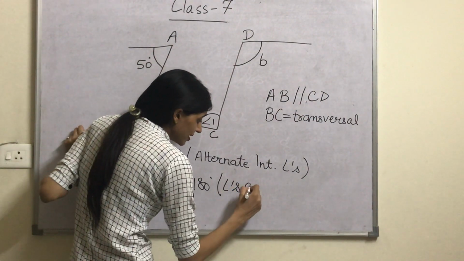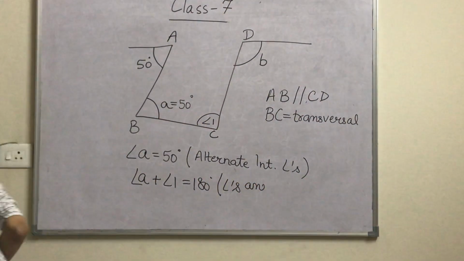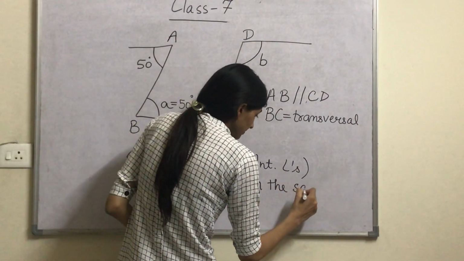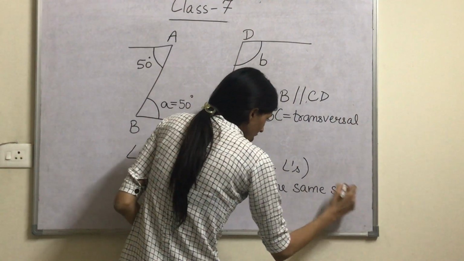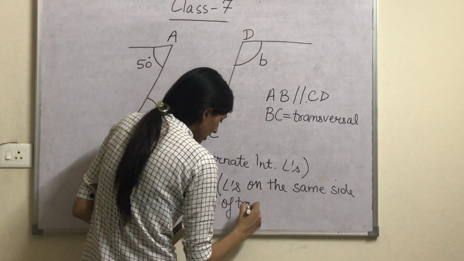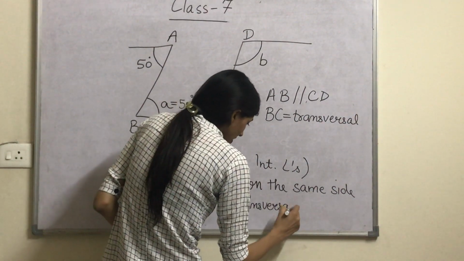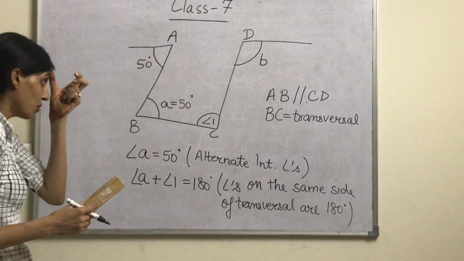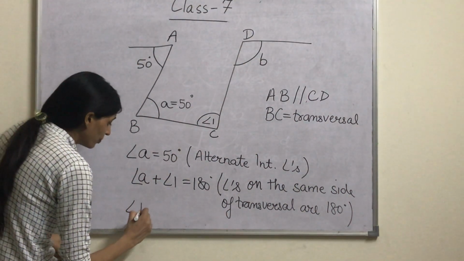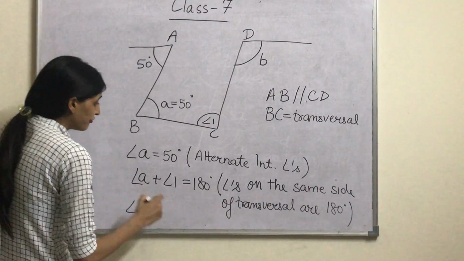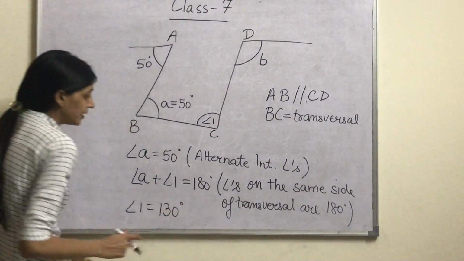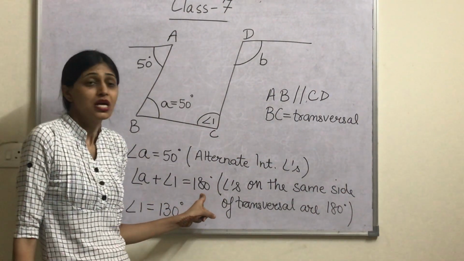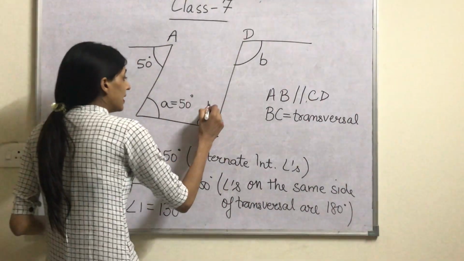In the reason, mention it as angles on the same side of transversal are 180 degree, right? So from here angle 1 comes out to be 180 minus 50, 130 degree. This angle A is 50 degree. When it goes to this side, gets minus, so it comes out to be 130 degree.